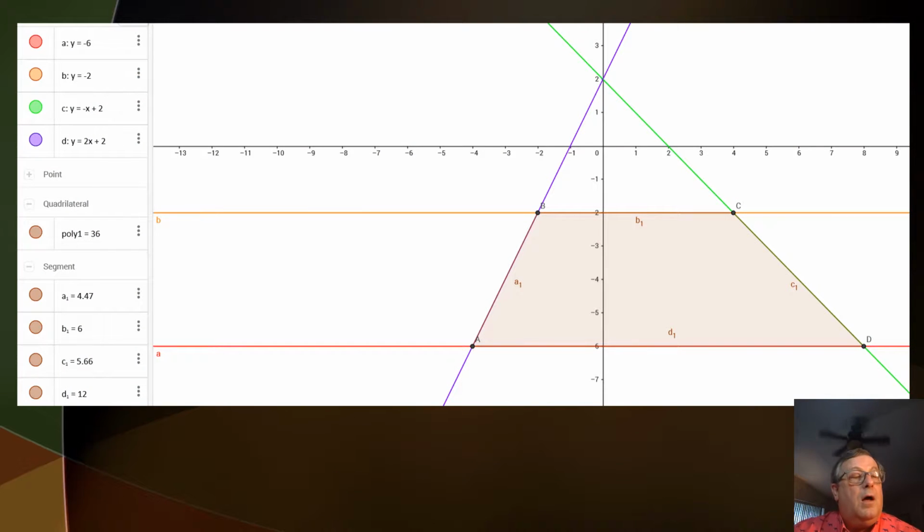Here we are on the graph. We graphed y equals -6. Remember, y is greater than or equal to -6, so that would include this region here. And y is less than or equal to -2, and so that would include this region here.